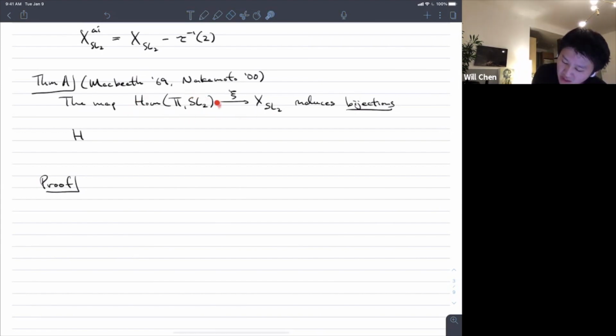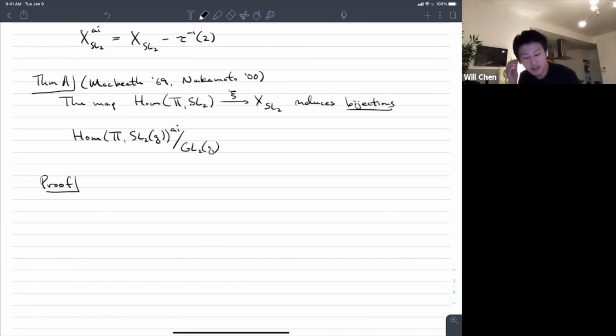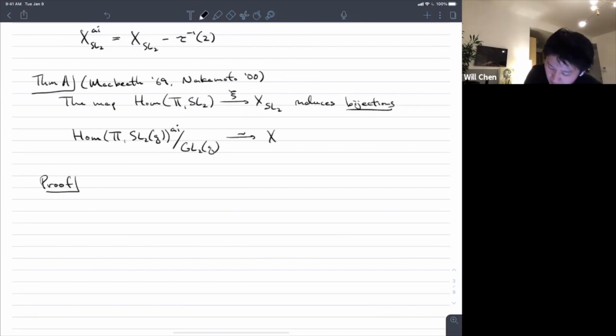In particular, what they show is that you can take this quotient map, from the representation variety to the character variety, and the statement is that this quotient map induces, for every Q, bijections between the GL2 Q isomorphism classes of absolutely irreducible representations defined over FQ and the FQ points of the absolutely irreducible part of the character variety.